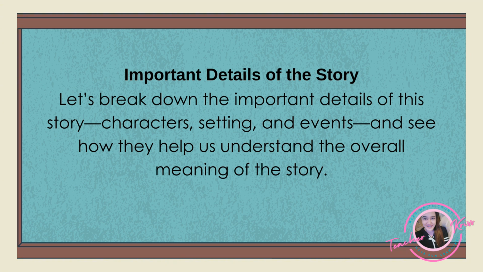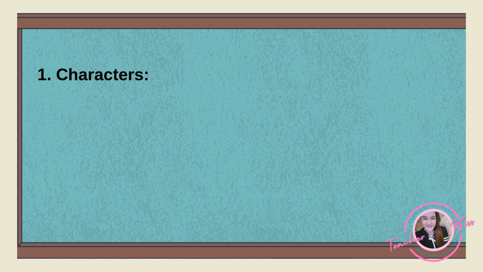Naipaliwanag ko na ito ng paulit-ulit pero syempre, hihimay-himayin natin. So makinig kayo mabuti kasi after nito, I will give you an activity on how to break down or how to note important details from the story. Okay? So let's begin from the characters.